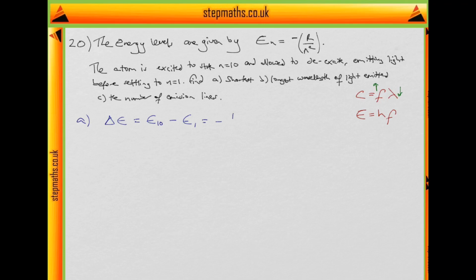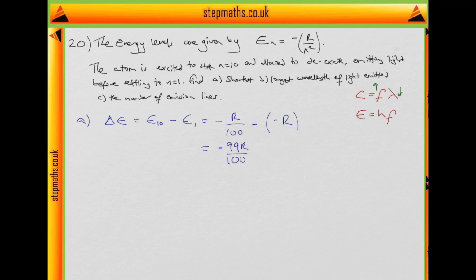That's minus R over 10 squared, 100, minus R over 1 squared, or R. This is equal to minus R over 100 plus R, which is equal to minus 99R over 100. So the photon emitted will have energy of 99R over 100.